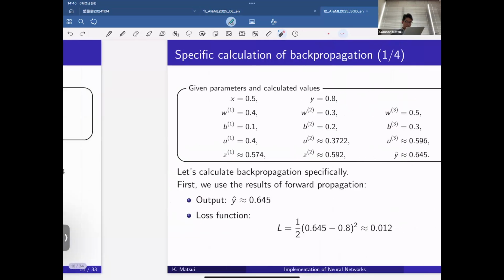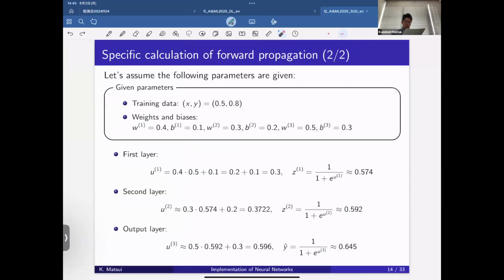The point is not to do specific calculation, but to see how parameters are determined. You can see that when u1 is determined, z1 is determined. When u2 is determined, z2 is determined. When u3 is determined, y hat is determined. This is how calculations work inside feed-forward neural networks.